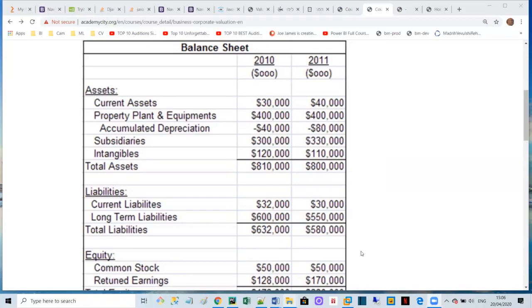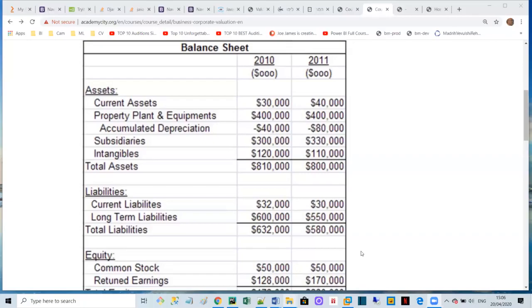Therefore, the difference between the 170,000 and the 128 must be equal to what? The dividends they paid out. The money reinvested in the company. Beautiful. It's only the profit on that year, 2011, minus the dividend that we distributed in 2011.